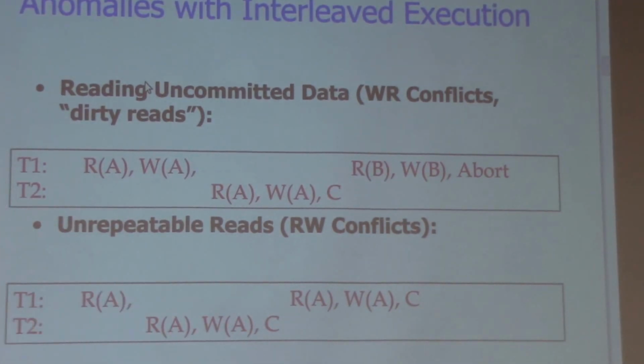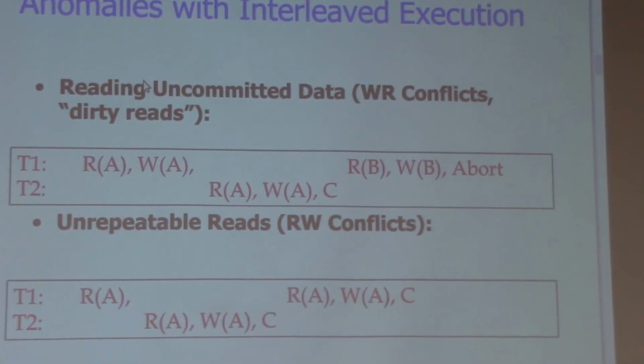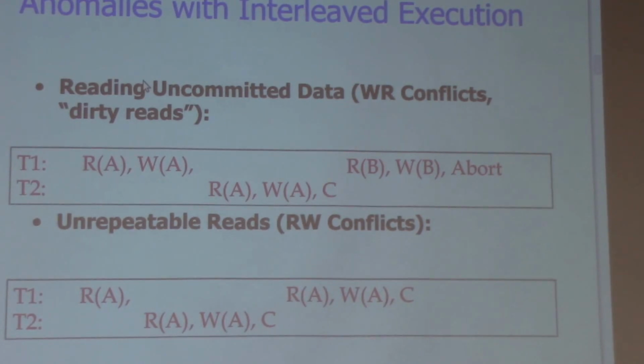So the first anomaly or conflict is what we call a WR conflict. A WR conflict actually captures exactly the thing we talked about earlier today, which is dirty read. Because these are actions from two different transactions. By the way, on the same object. That's another thing. Of course, on the same object. If you write B and then read A, there's no conflict to begin with.